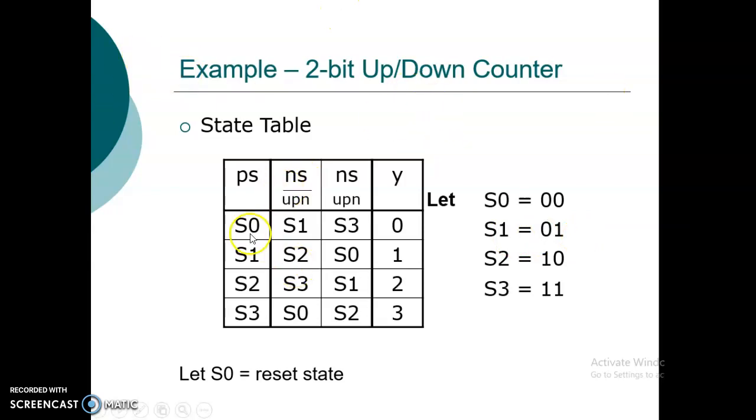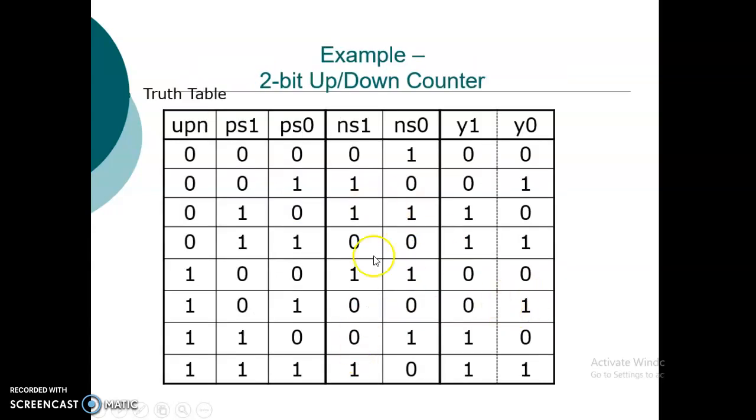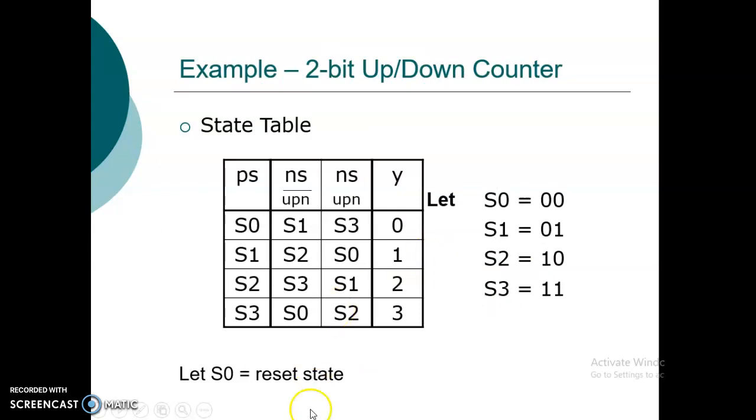Here in present state S0, in NS next state S1, NS S3 output 0. So like this up counter going up. Okay, S0 reset state only.